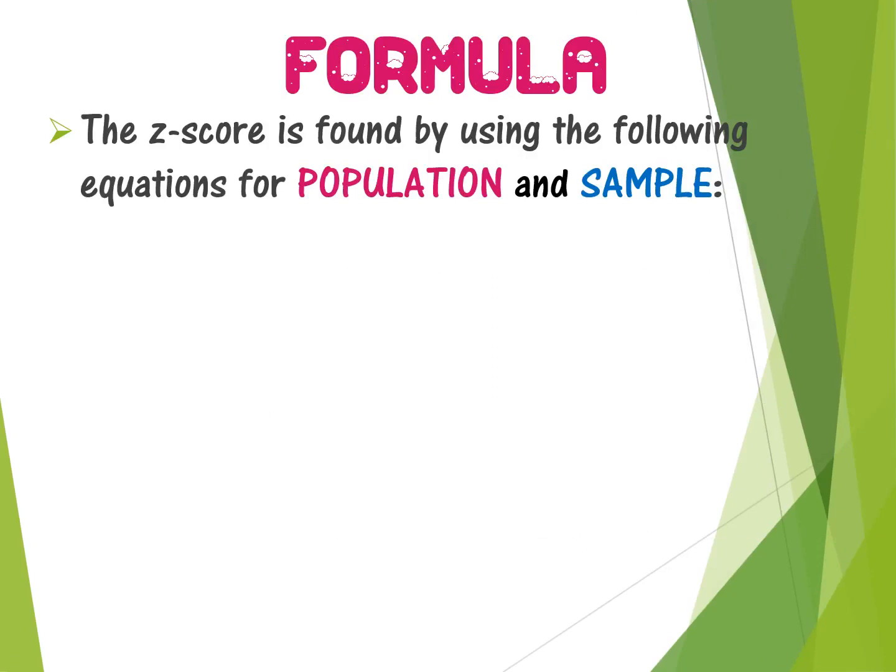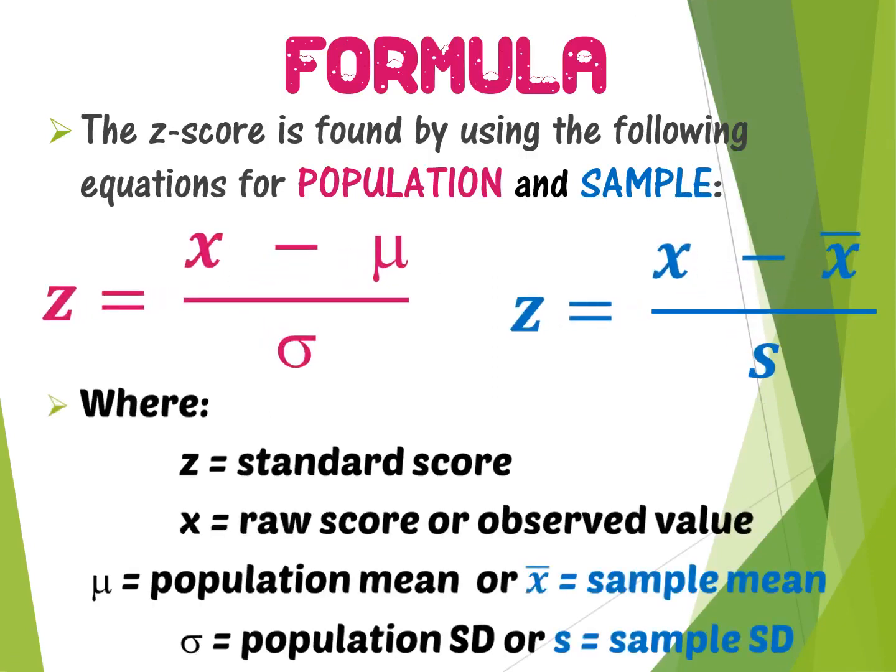Okay, and this will be the formula in converting a raw score into a Z-score. The definition of Z-score is the same for both population and sample, and the formulas are also the same, except that for the sample mean we use X bar as the symbol, and we have mu for the population mean.